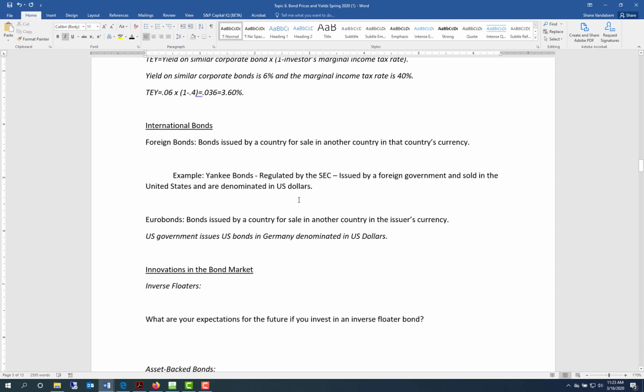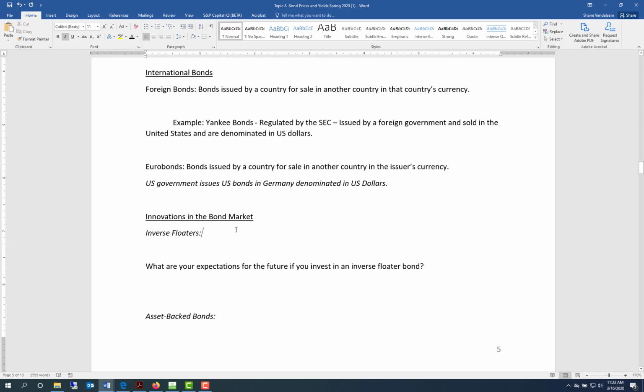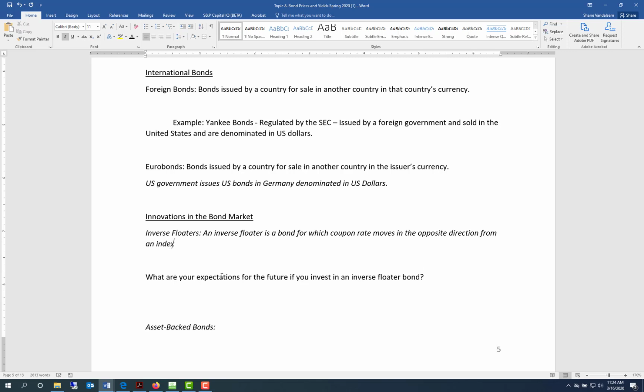Some innovations in the bond market. One is referred to as an inverse floater. An inverse floater is a bond for which the coupon rate moves in the opposite direction from an index rate.